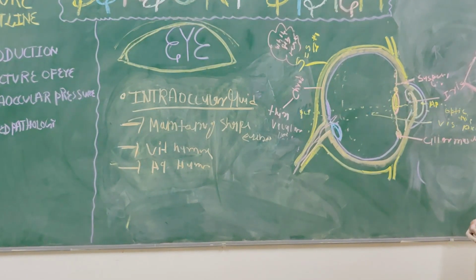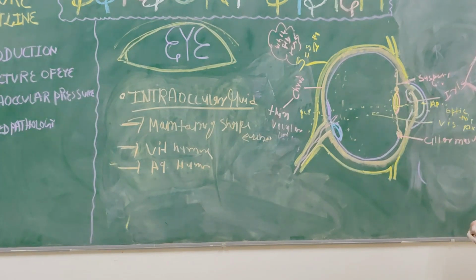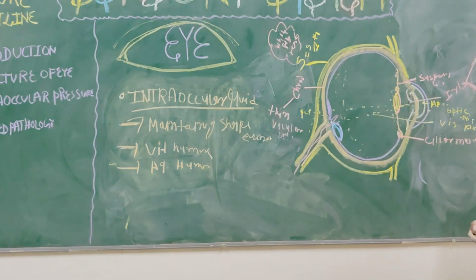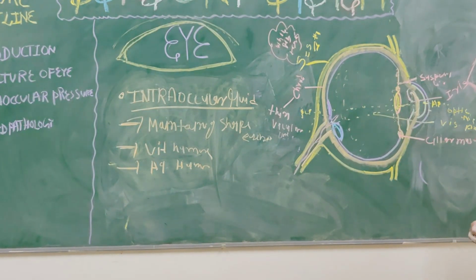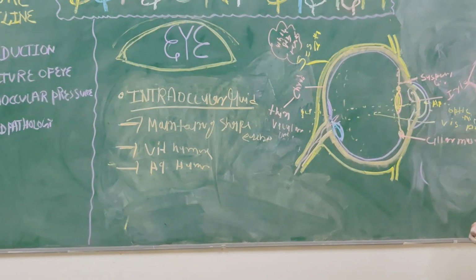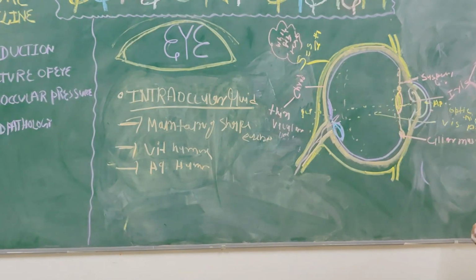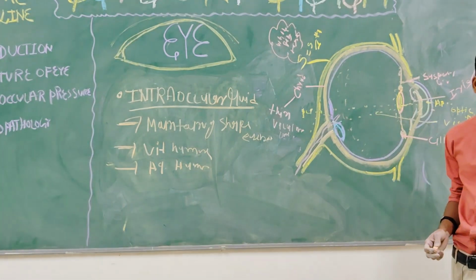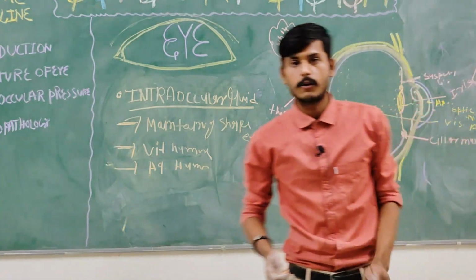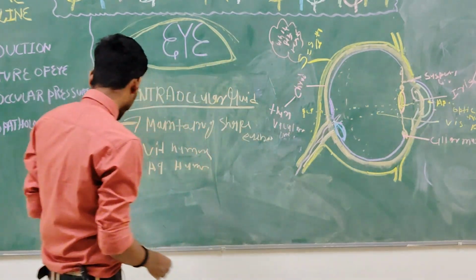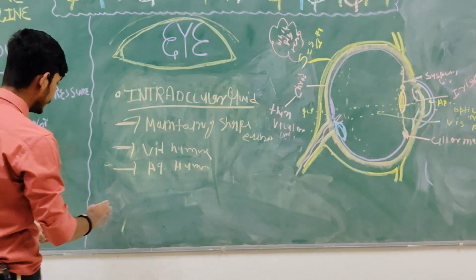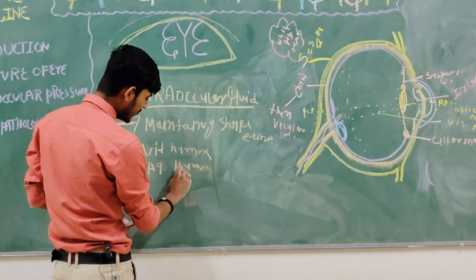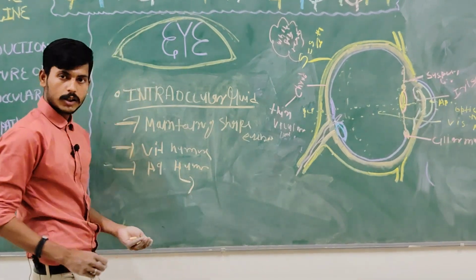Then it provides nourishment and oxygen to the rest of the layers of the eye, which are avascular. Then it removes the metabolic end products. But the main concern we have is the intraocular pressure, which is mainly mediated by the aqueous humor.